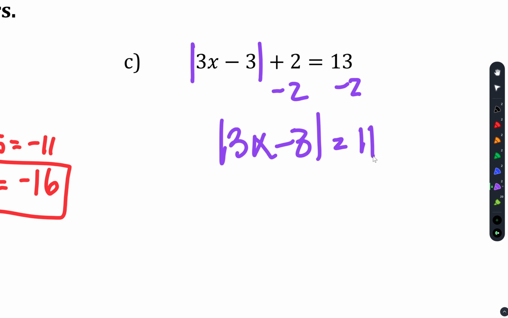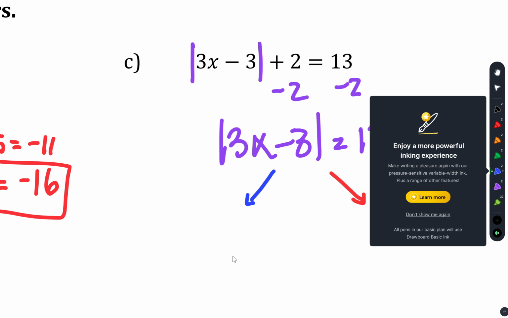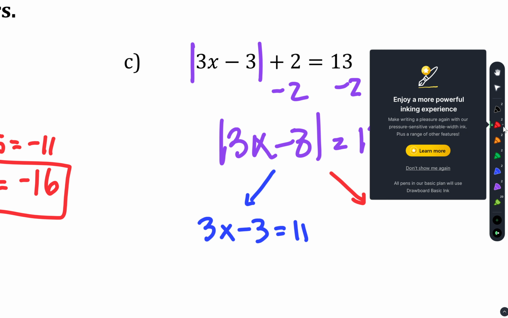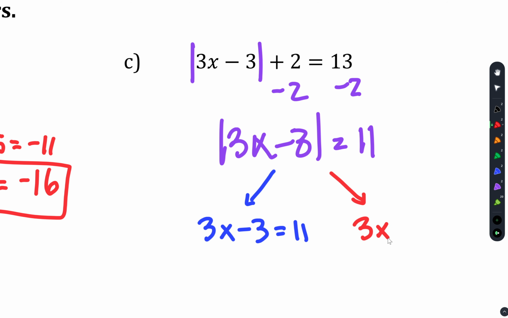Now that my absolute value symbol is isolated, we're going to separate this into 2 different cases. The first one, I'm going to leave exactly the same, except the absolute value symbols go away. And the second one, I take the absolute value symbols away and just make the other side negative. We got that?